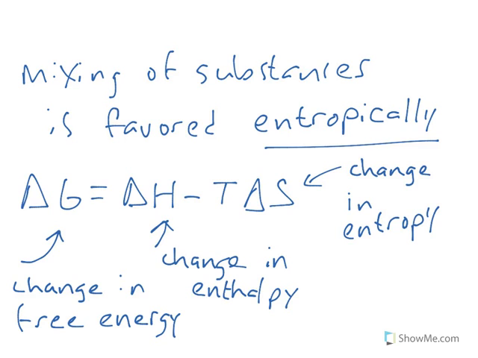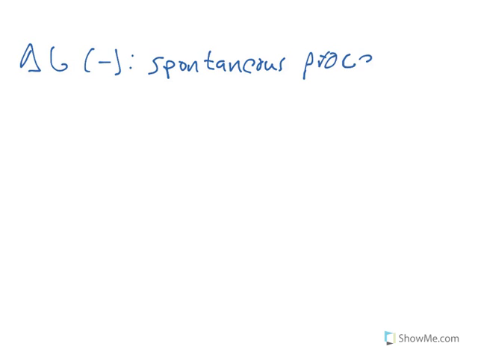As we'll discuss later in our discussion of thermodynamics, any process that gives delta G a negative sign is a spontaneous process at that temperature. And what spontaneous means is this is going to happen, if you will.